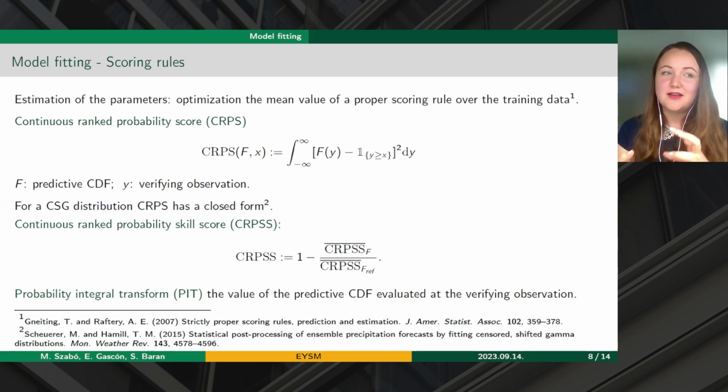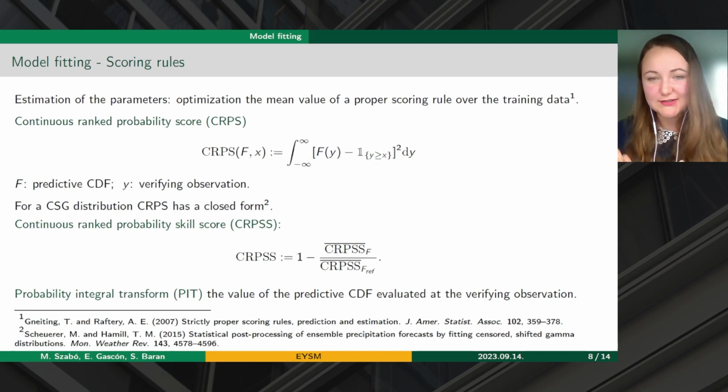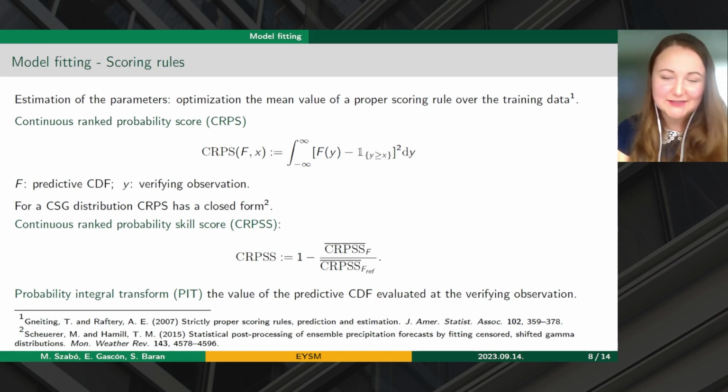So in terms of this specific score, we can compare it to a reference forecast score. And as you can see from these two formulations, the CRPS itself is a negatively oriented score, so the smaller, the better, but the skill score counterpart is a positively oriented score, so the higher, the better.